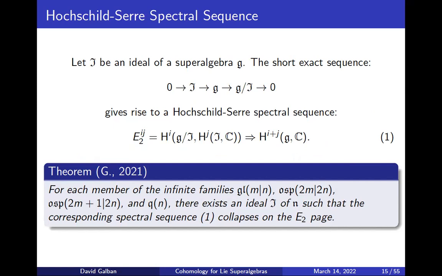Now, as it turns out, for each of the infinite families, GL(m|n), OSP(2m|2n), OSP(2m+1|2n), and Q(n), you can find an ideal I of the subalgebra N such that this corresponding spectral sequence ends up collapsing on the E2 page. So essentially, it'll just end up being a direct sum of each of these IJ terms.